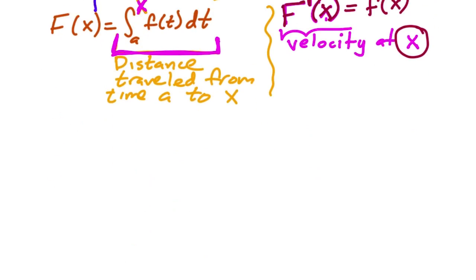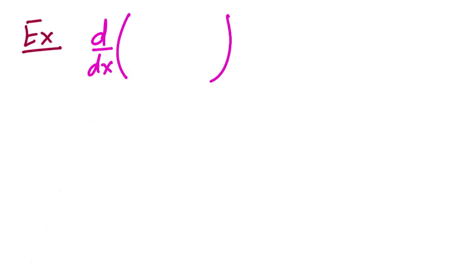Now you've got the concept down. Okay, so let's do an example of using this. Let's say we want to find the derivative of the integral from 2 to x of sine of t squared dt. Now notice the fundamental theorem of calculus doesn't say you have to find any antiderivatives or anything.